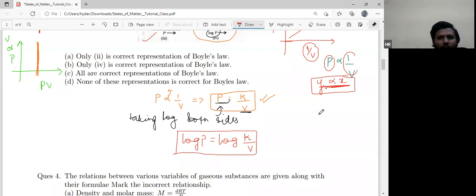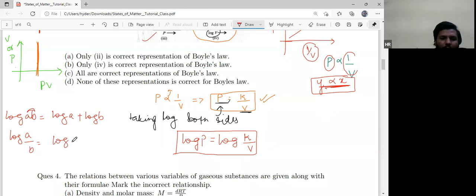Now tell me, do you know the formula of log? If log AB is given, that means here is a multiplication product AB, that formula will be log A plus log B. And if log A by B is given, that means it is in division, that will be log A minus log B. This is the basic formula of logarithm that you will be studying in physical chemistry, in thermodynamics, in physics, and in maths.